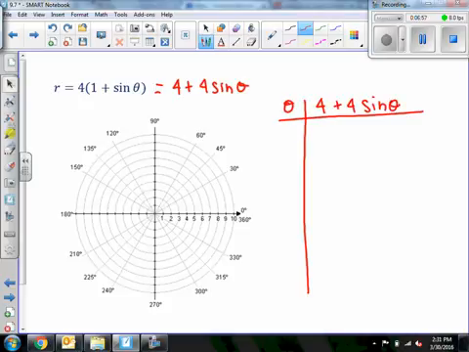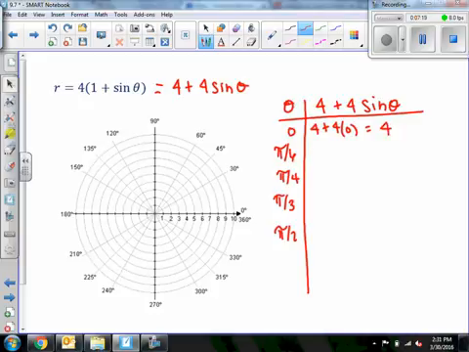So same thing, we're going to start with 0, π/6, π/4, π/3, and π/2. We'll start there. If I plug in 0, this is 4 plus 4 times sine of 0. Sine of 0 being 0, this becomes just 4.